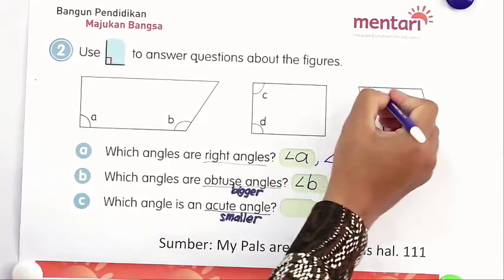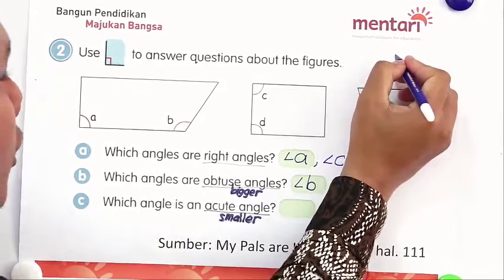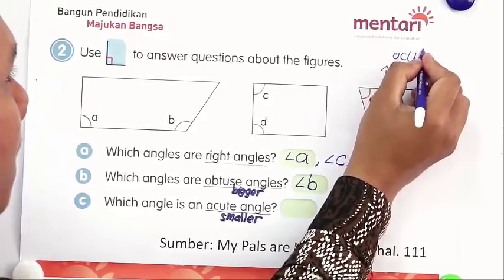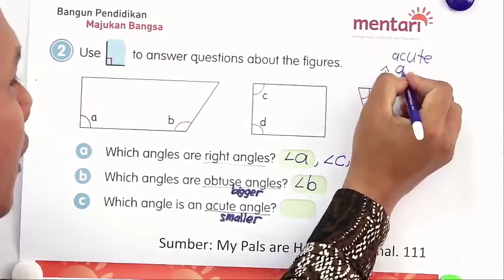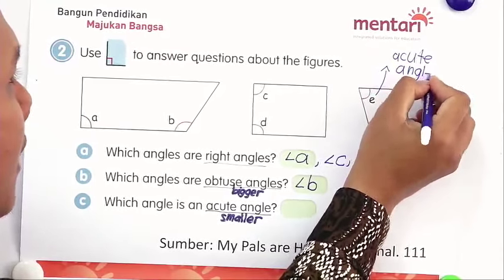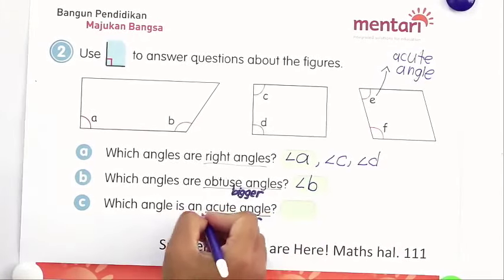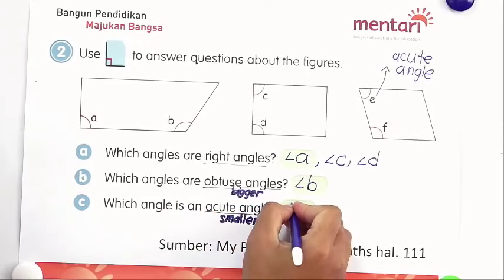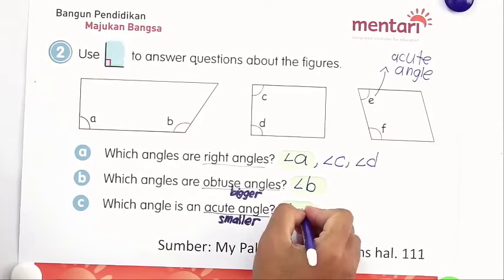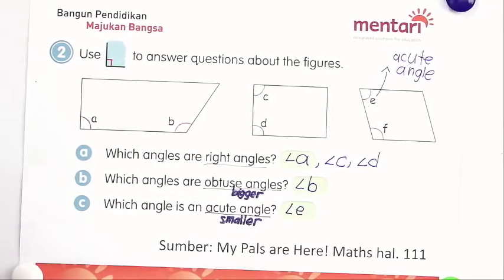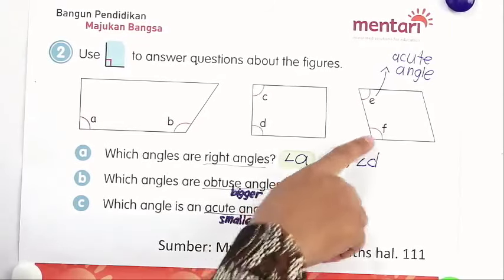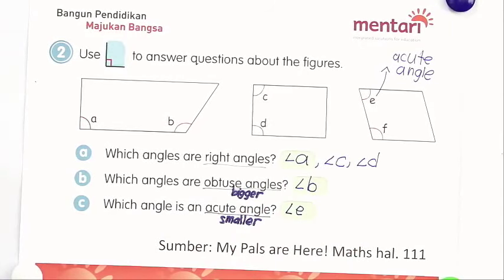So angle E is an acute angle. In other words, you can write down here which angle is an acute angle. It is angle E. Yeah? What about the last angle, angle F?